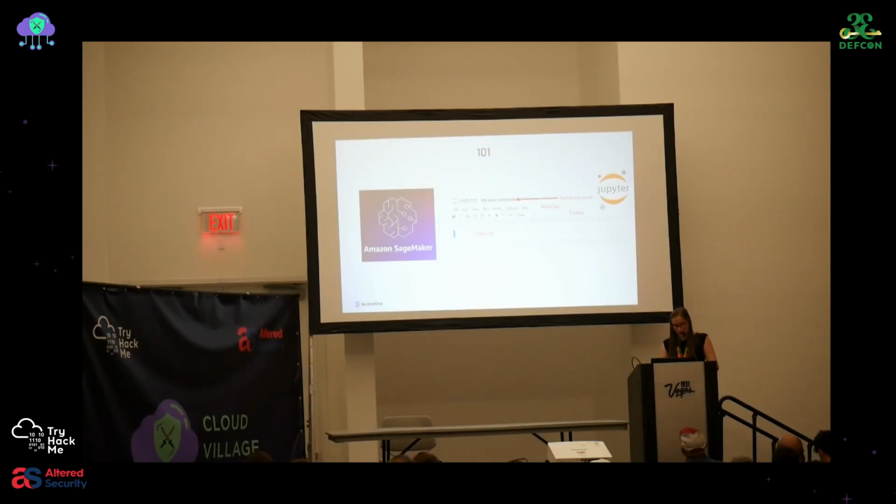Jupyter Notebook is an interactive environment where you can write and run code and get the results immediately. It's especially popular with data scientists and machine learning engineers. And a Jupyter cell is a small block inside the Jupyter Notebook where you can write and run pieces of code.